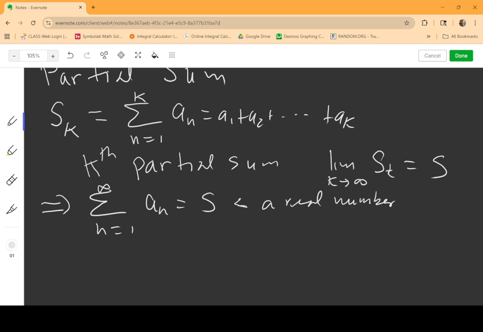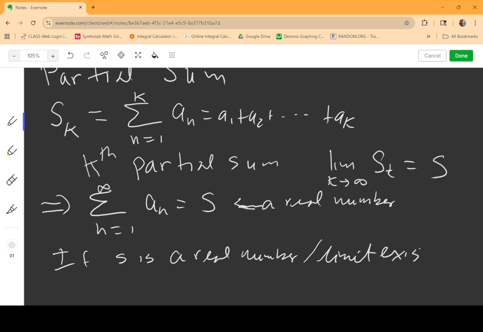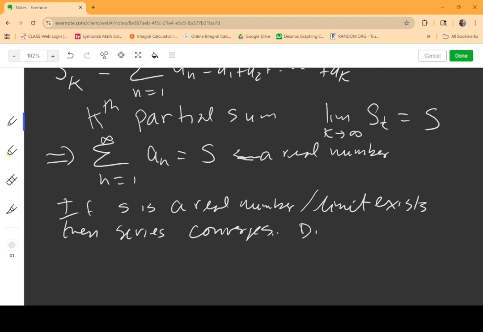If this converges to a real number, if the limit exists, then we say the series converges. It diverges otherwise. Either the limit doesn't exist or the limit is positive or negative infinity, and then we say that the series diverges.